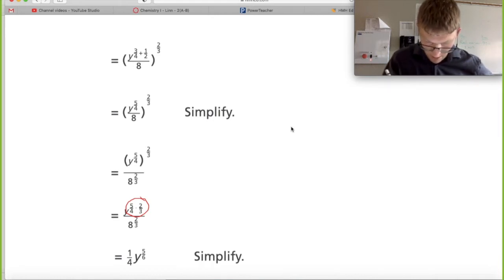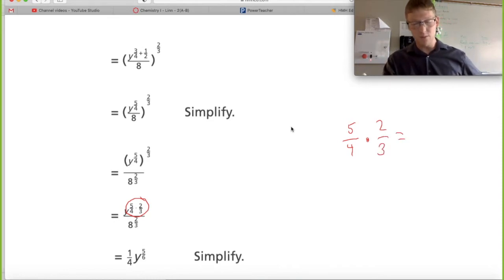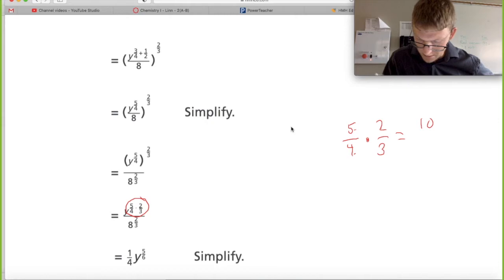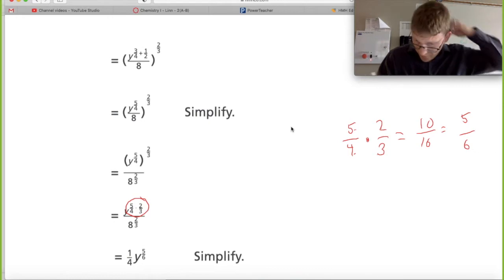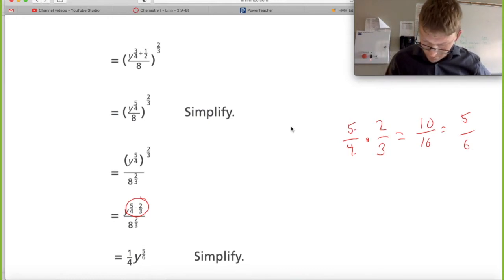And so when we multiply fractions, that's whenever you just multiply straight across. So 5 times 2 is 10, 4 times 3 is 12, and then you simplify. So let's see, 5/6. I pulled a 2 out. And then there you go.